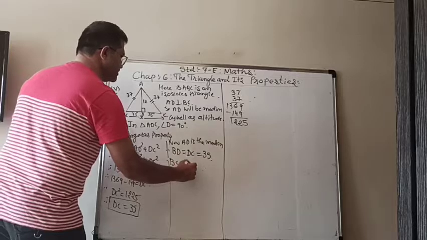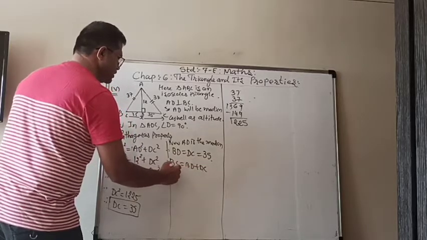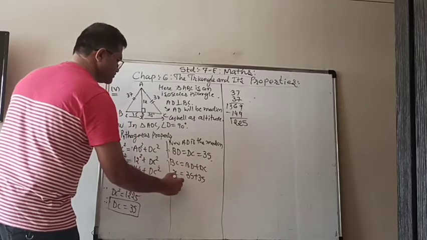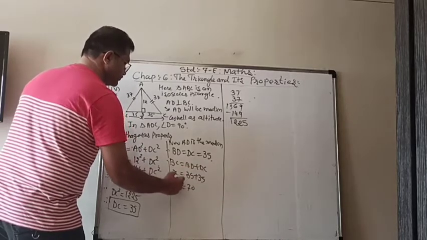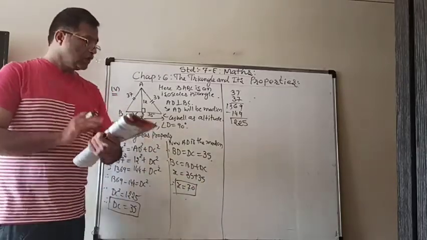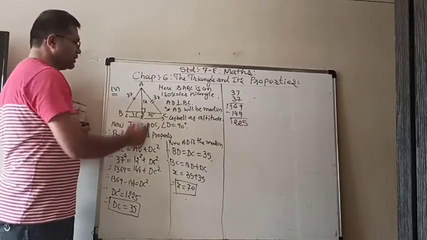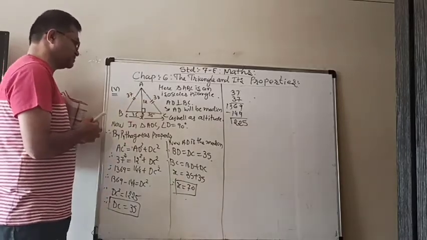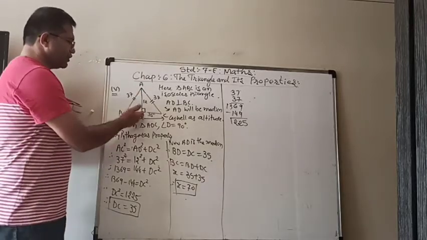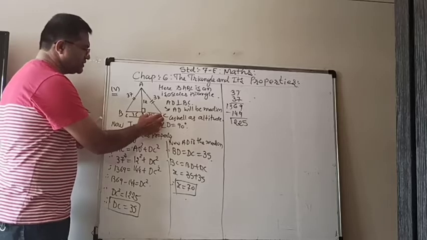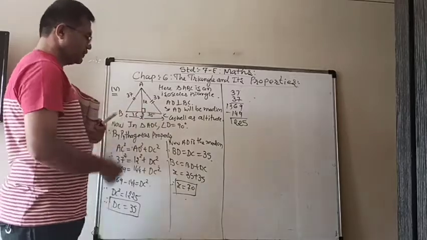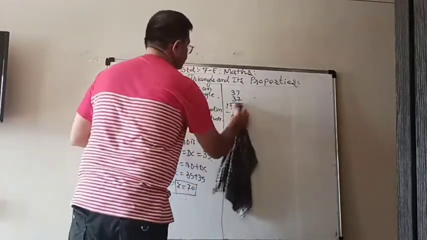BC is X. So X is equal to 35 plus 35. So the value of X will be 70 here. So here we have to use that property also, that when it's an isosceles triangle, altitude and median will be the same. And therefore we find the value of DC and it will be the same for BD also. And then we add them to get the value of X.